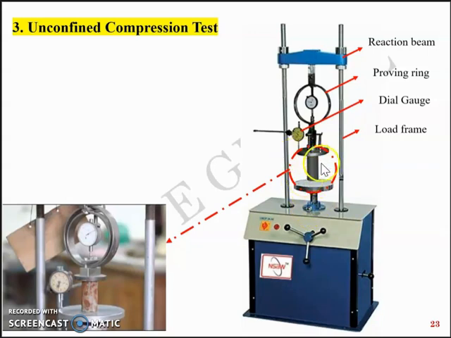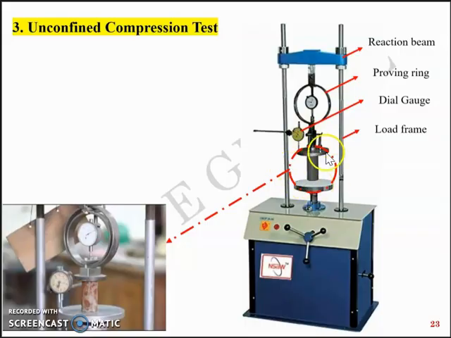You have the soil sample here, above which you have the top plate, and a dial gauge is attached to the top plate, which measures the deformation of the soil sample. Here you have what we call a proving ring, which measures the load acting on the soil sample. So you have the load frame here, the reaction beam here, the proving ring here, the dial gauge here, and the soil sample kept between the top and the bottom plates.